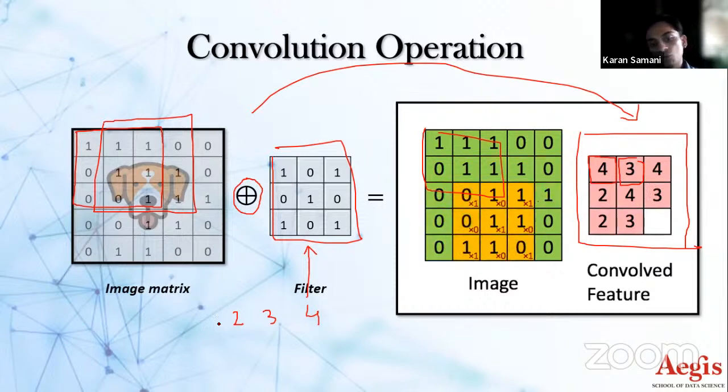If you go into TensorFlow, you just have to give how many filters you want, and TensorFlow decides its default filter. For example, it has a default filter of 101, 010, 101. This is what the default filter is.